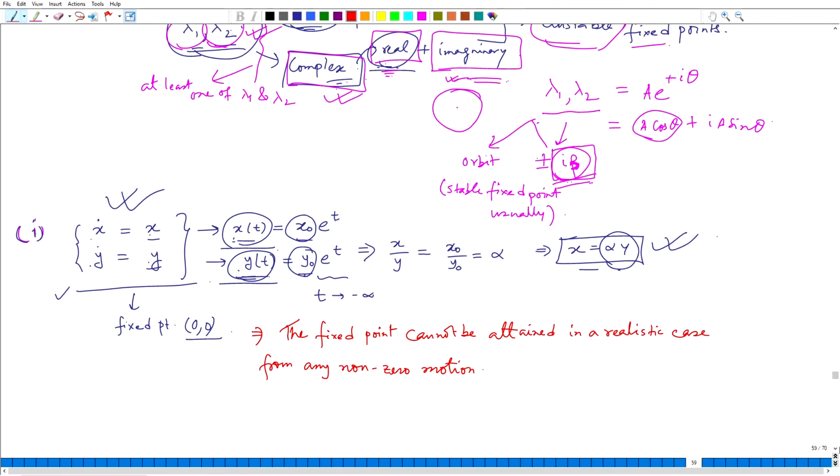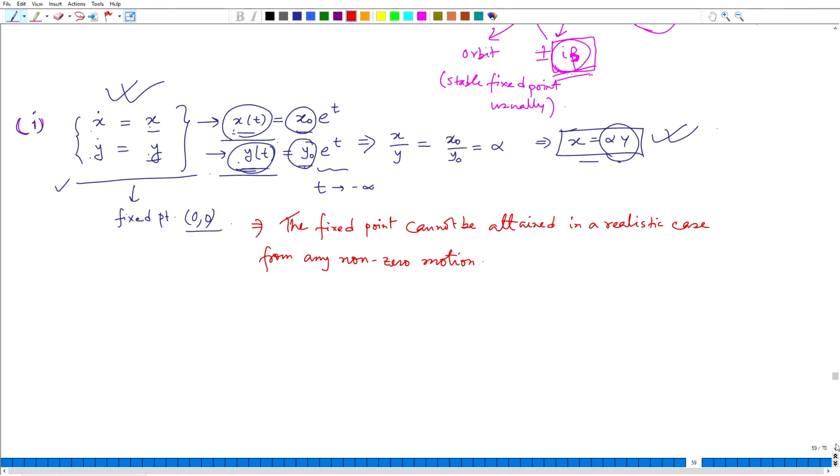Now, if I try to draw such phase-space trajectories and the fixed point, I can draw them. And you can see that there is the origin, which is the fixed point for us. I denote this with a red cross, which means the motion has no access to this point.